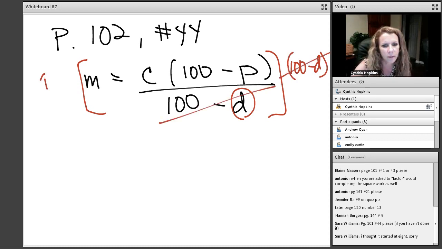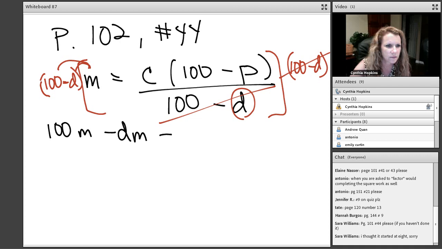So I'm going to multiply both sides by 100 minus D. On this side, that's going to cancel. That's the whole point. On this side, I need to multiply by 100 minus D as well. So I'm going to show my little arrows like that so I don't forget.